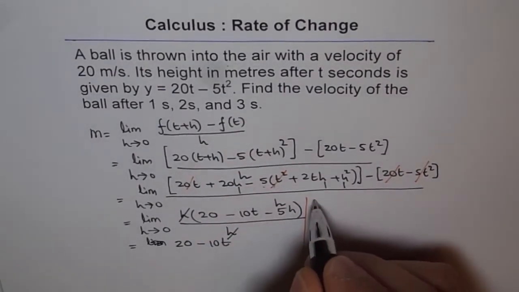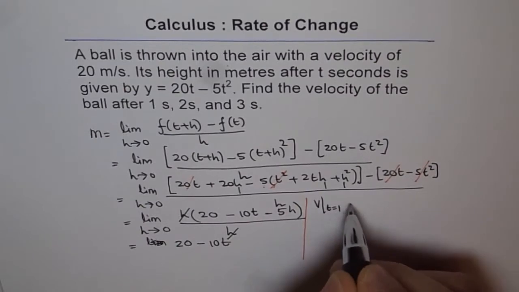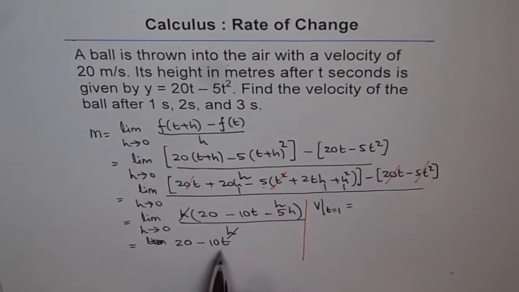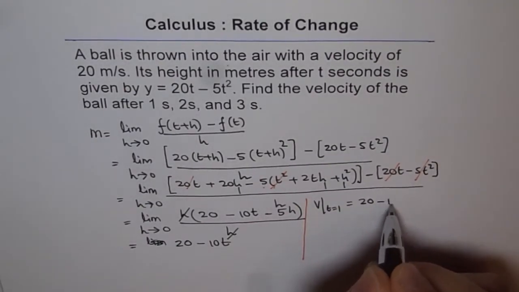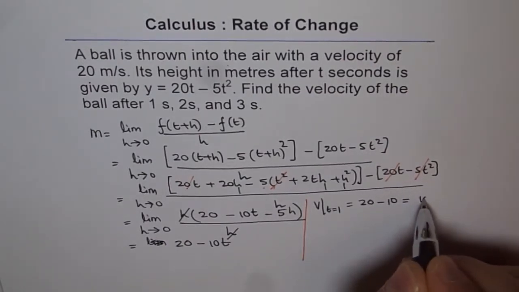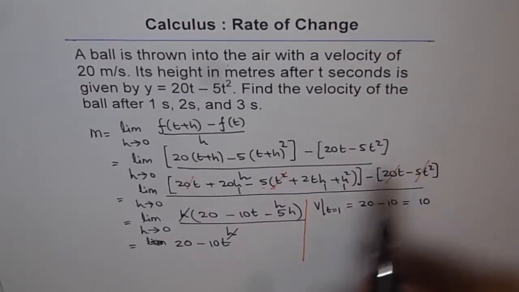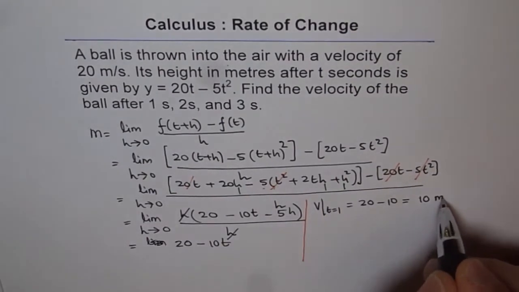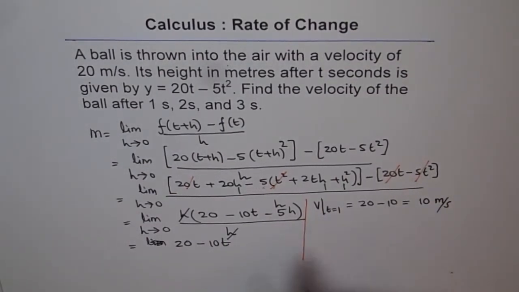So I get velocity when t equals 1 will be 20 minus 10, that is 10, and the units are meters per second. So that is my answer for velocity at t equals 1.